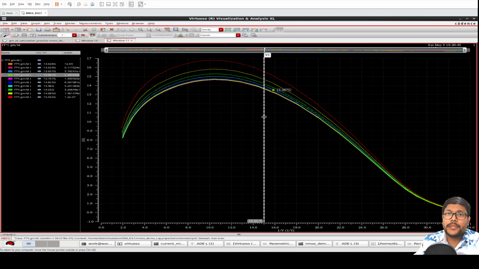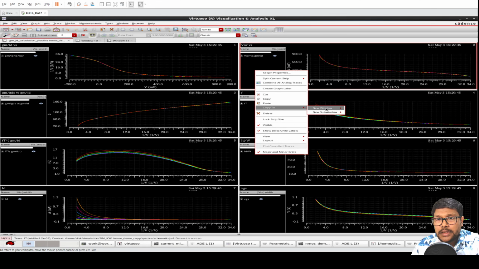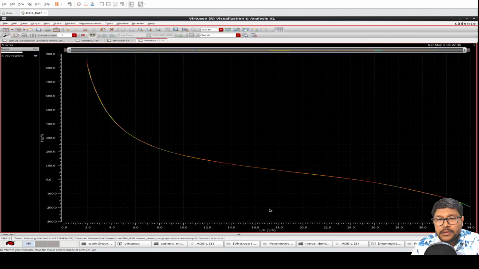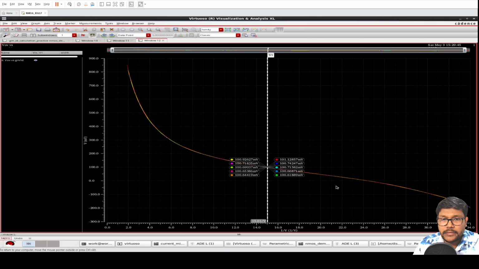This is a higher frequency, so I am guessing we will get our frequency. You can see VGS minus VTH, at 15 the overdrive is 100 millivolt. Okay, so we are getting 100 millivolt of overdrive.